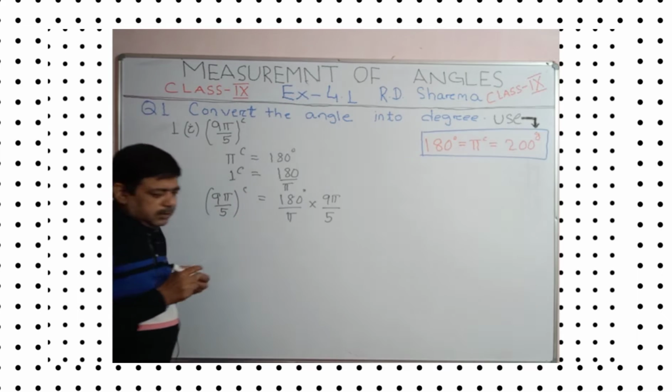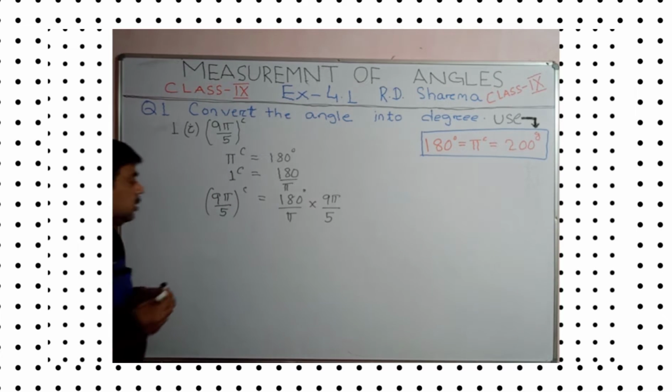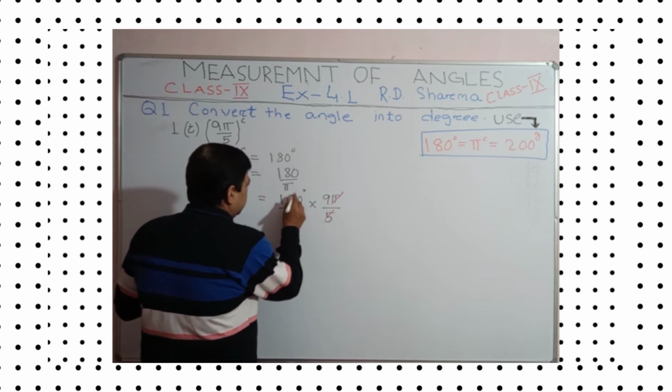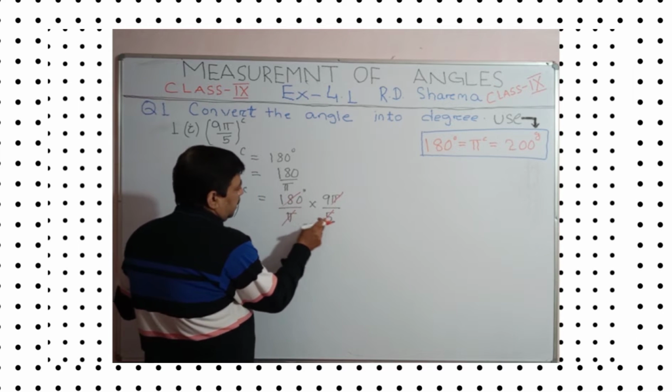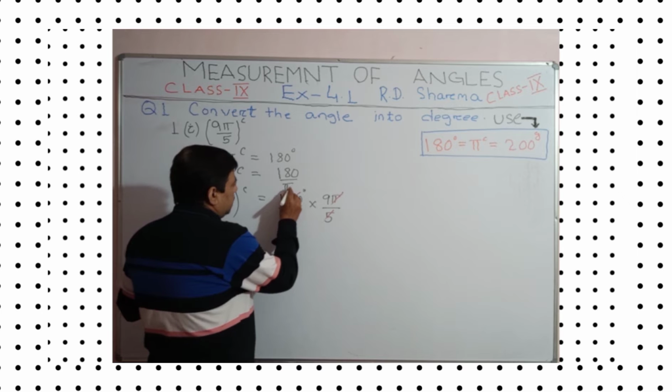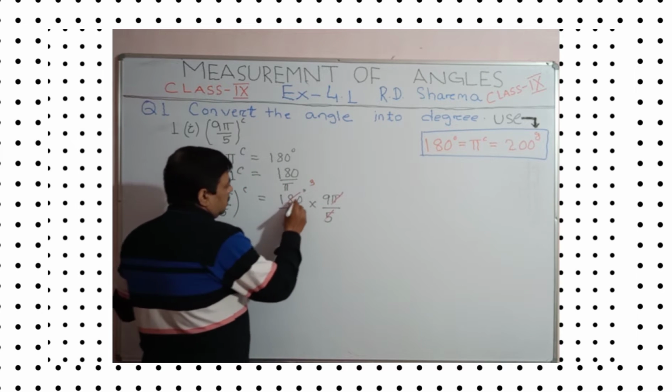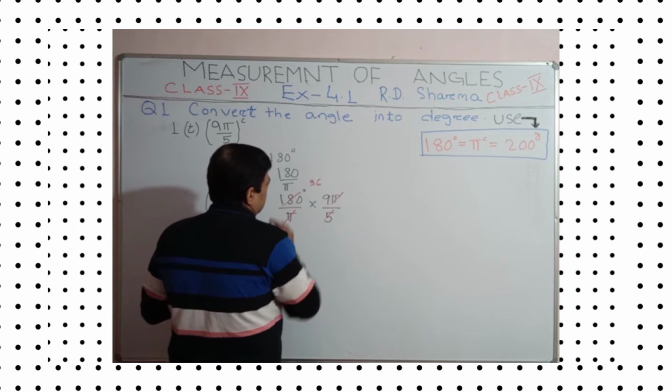Is it clear? So pi can be cancelled here. Here you can cancel 5. Here 180 will be divided by 5: 5 3s are 15, 5 6s are 30, so we get 36.